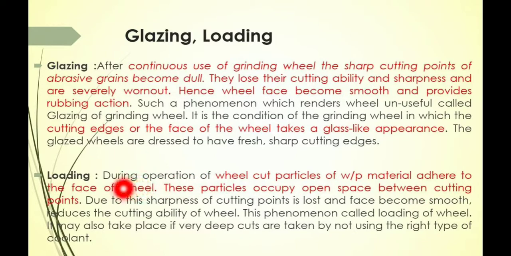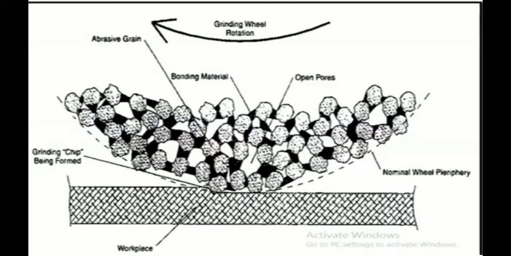And it may also take place when very deep cuts are taken or the right type of coolant is not used. Basically, there is some space provided between two abrasive particles, and the material removed from the work is continuously fed in and fills up the gap between two abrasive particles, and the whole grinding wheel becomes smooth.